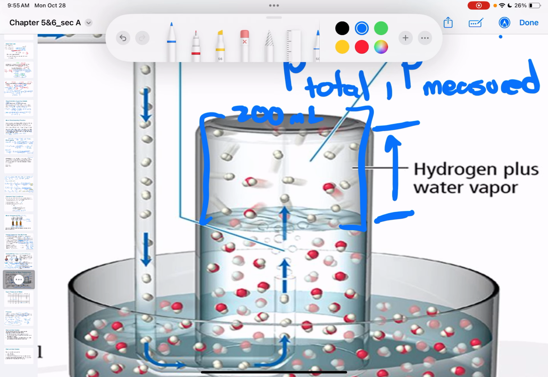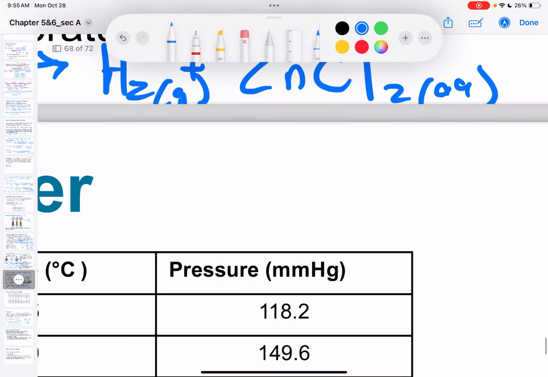If we assume that the volume of the container is 200 milliliters, even if the gas particles contributed 0.05 milliliters, that's not that different. The volume left over would be like 199.95, which is not that different. So that's usually a pretty good assumption.